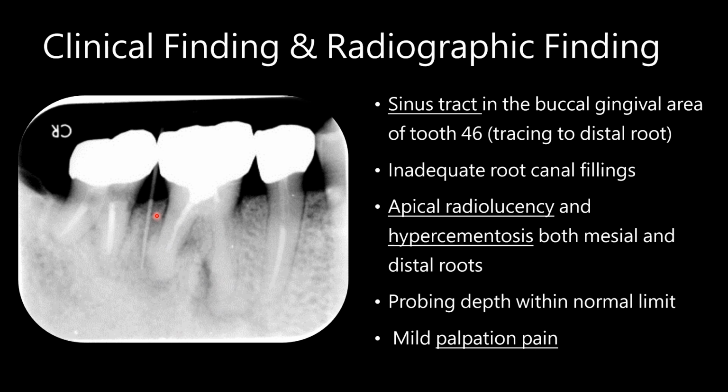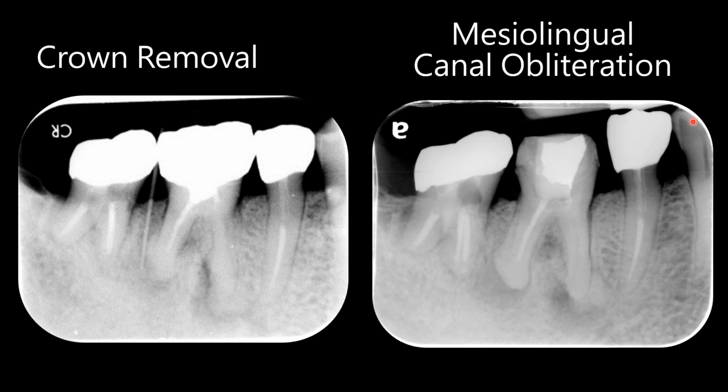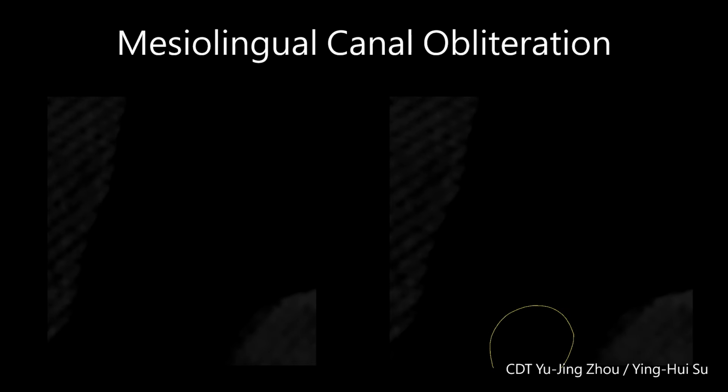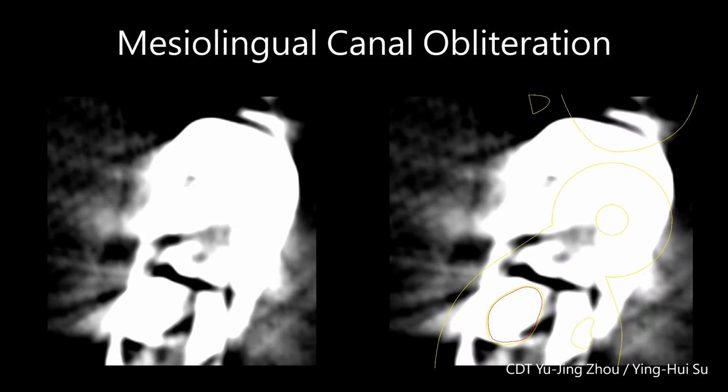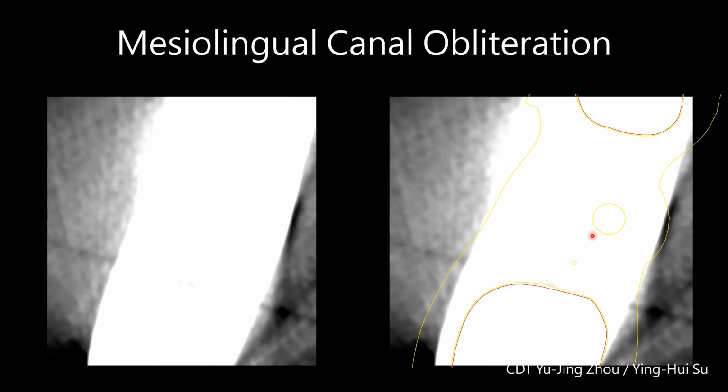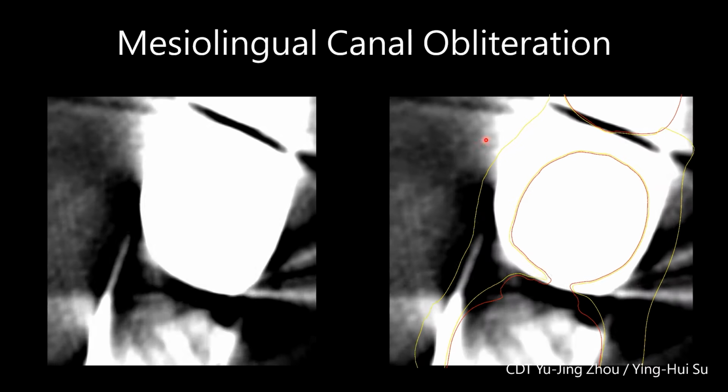This one with apical lesion and maybe hypercementosis. At the apical side, we put a tracing here, got into the distal root canal. And after we removed the crown and did the endodontic retreatment, we found out the mesiolingual canal was obliterated.